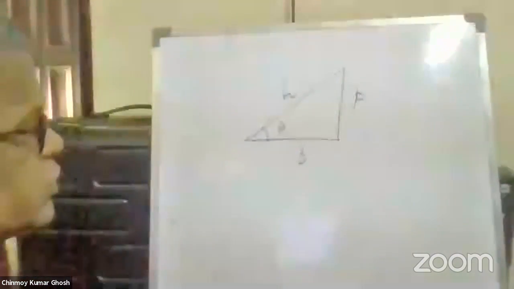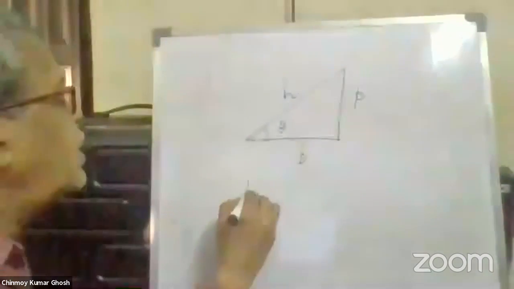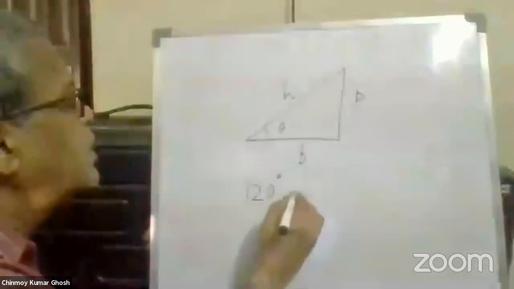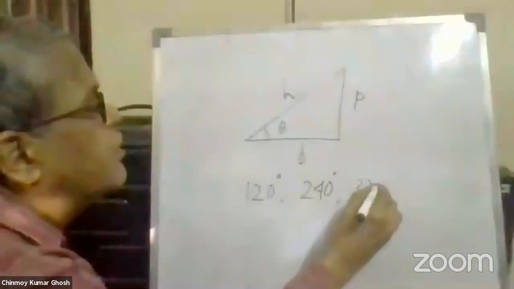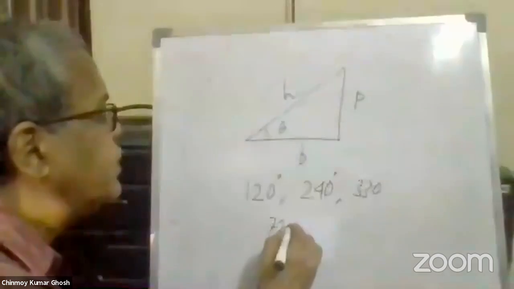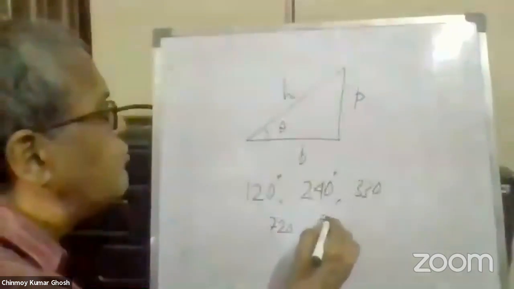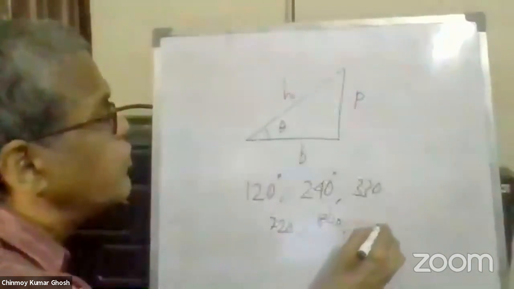With this definition, we can carry along, say, from 0 degree to 90 degree. But what happens with angles more than 90 degree? Say 120 degree, 240 degree, 330 degree, 720 degree, 840 degree, and so on and so forth.